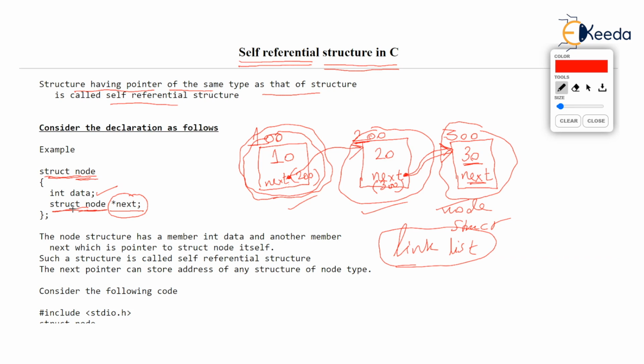So this type of diagram is called a linked list, because we have a node, again a node, again a node, and all these nodes are connected to each other using a link. This arrow is as good as a link. So a linked list is basically a list of nodes connected by pointers. That's the simple definition of linked list.